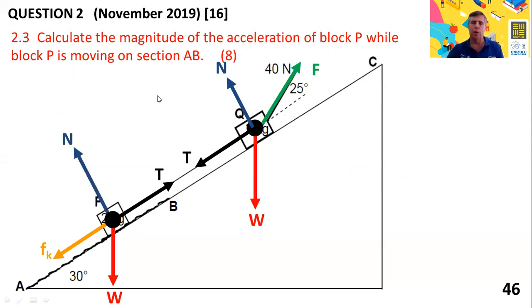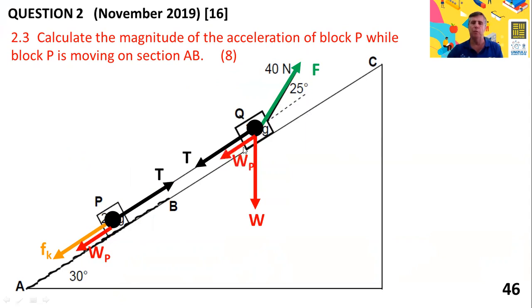So because we are looking at an inclined plane, because the objects are moving parallel to the plane, we only want to look at those parallel forces. So we're going to get rid of all forces which are at 90 degrees to the plane. So the two normal forces can go because they won't affect movement up and down the plane. Also, when we look at the weight, we're going to take the component of weight, WP, which is parallel to the plane, and then we can get rid of the vertical weight.